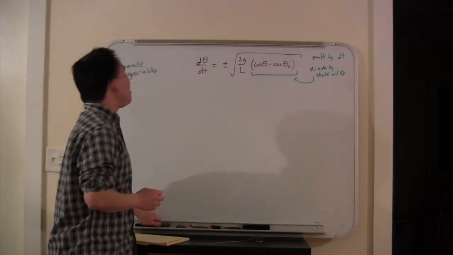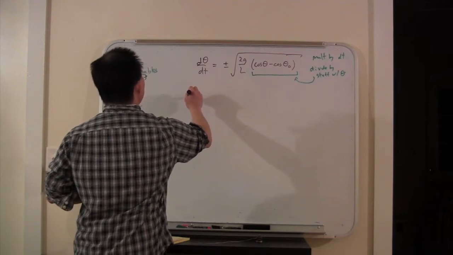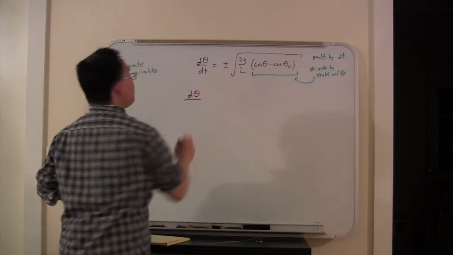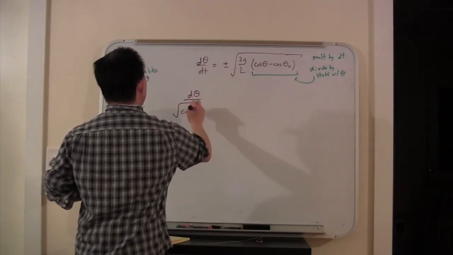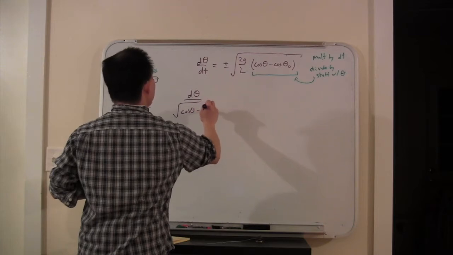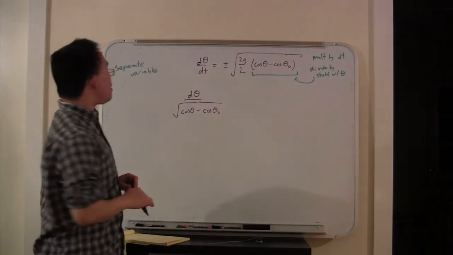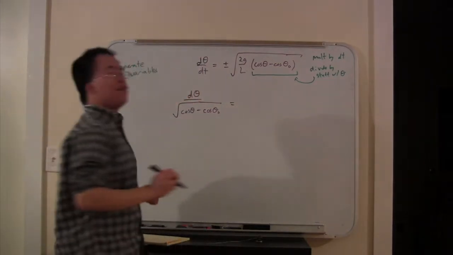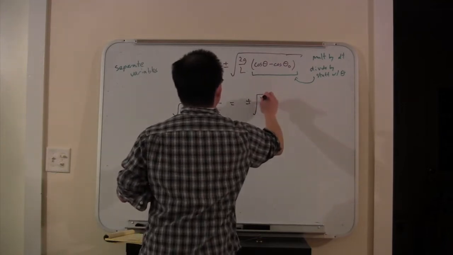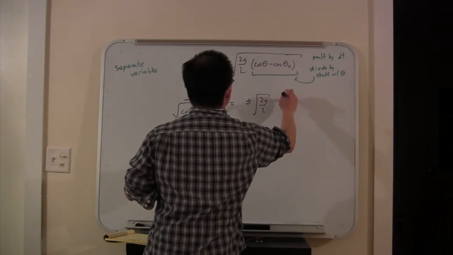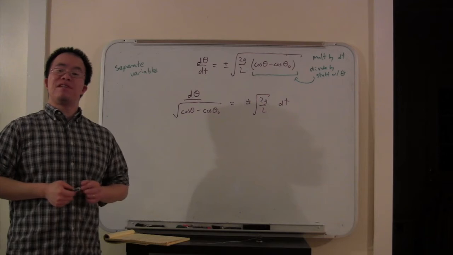And that leaves me with d theta over the square root of cosine theta minus cosine theta naught. And then if I shove the dt over on the other side, I'll leave this as plus or minus square root of 2g over L dt. Okay. Anybody want to guess what we're going to do at this point?